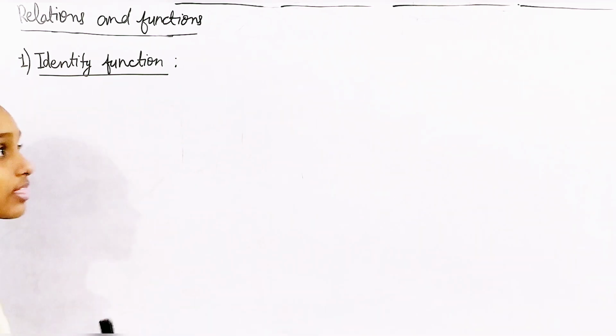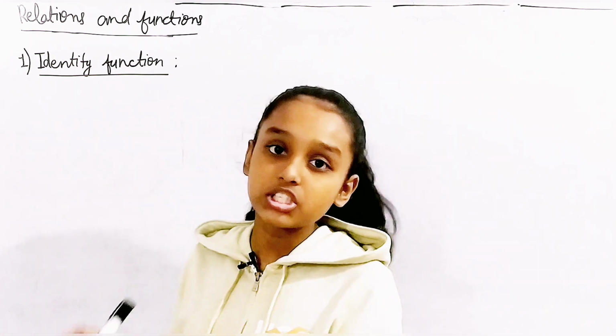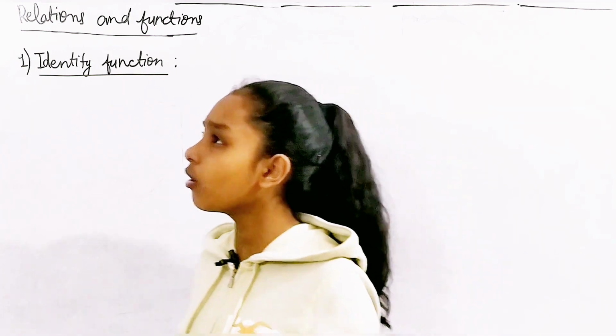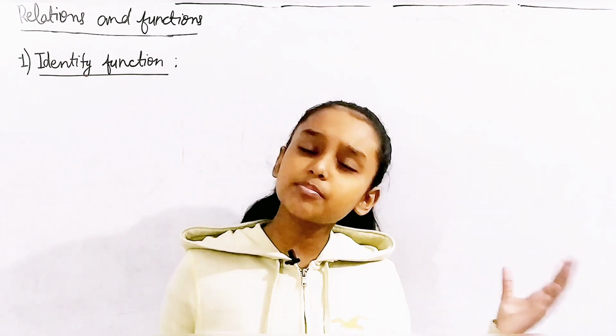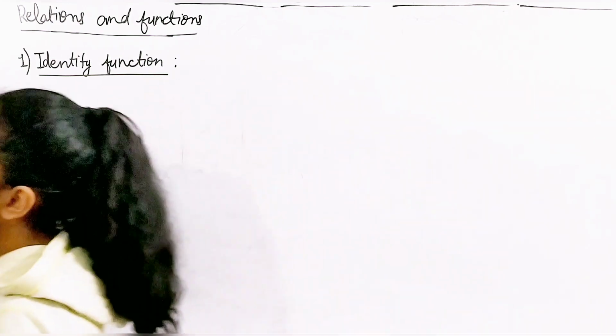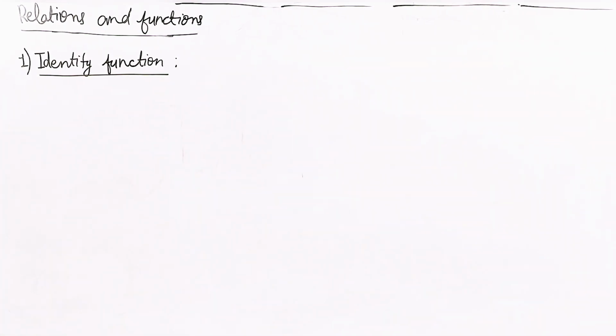So what's the identity function? It is a function that returns the same value. So what does that mean? What does it mean by the same value? Will it be input value or output value?